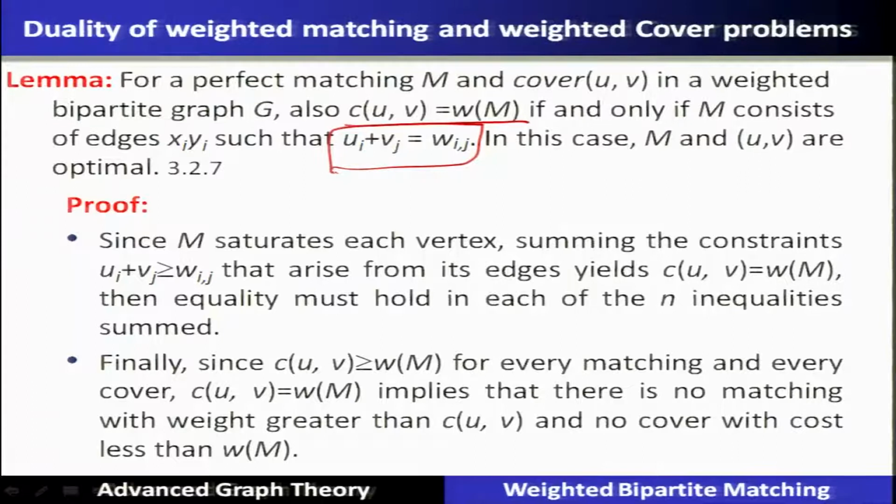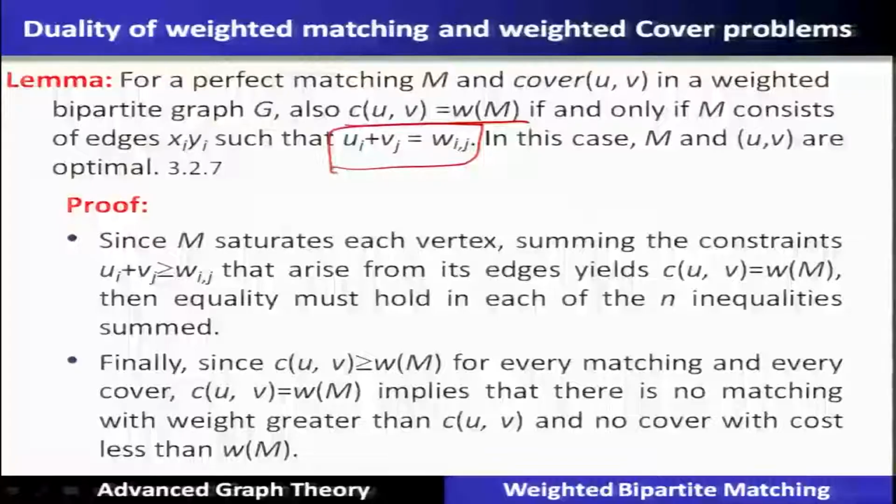Since M saturates every vertex, summing up the constraints ui plus vj is at least wij that arise from the edges will yield C(u, v) and w(M). That means the equality must hold in each of the n equalities which are summed up.